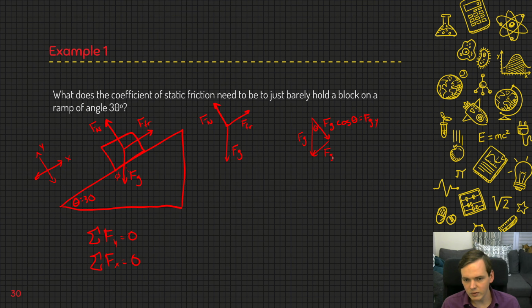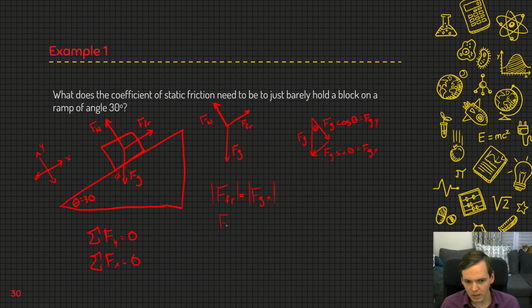Then we'll have Fg sine theta equals Fgx. So what we need is that the force of friction needs to be equal in magnitude to Fgx in order for them to cancel out.